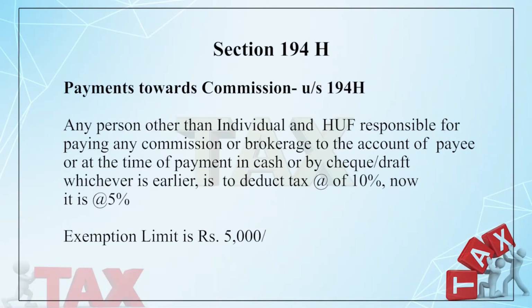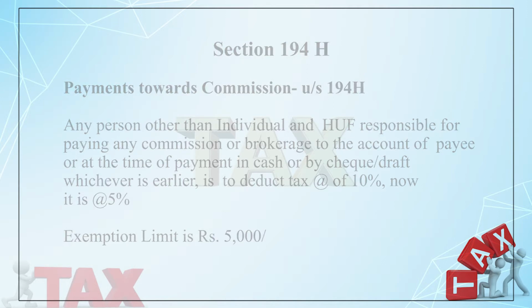In all these cases, section 194H is applicable. 194H says very clearly that tax is to be deducted while making payment to the person who provided the service and is getting income in the nature of commission or brokerage. The rate applicable was earlier 10%. Now, from 2016, it has come down to 5%.